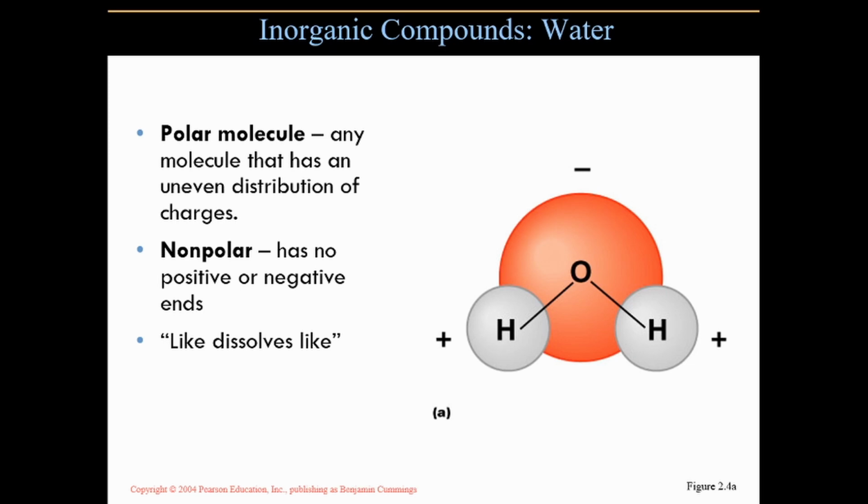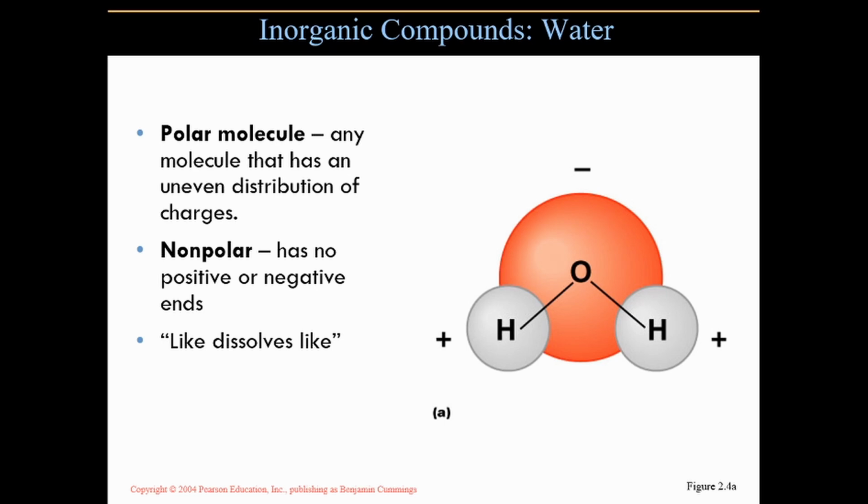As I described in part 1 of this lecture series, there is a partially negative charge on the oxygen atom because it's pulling hydrogen's electrons closer to itself, because it has 8 protons compared to hydrogen's single proton. As a result, oxygen has a partially negative charge and the hydrogens have a partially positive charge.